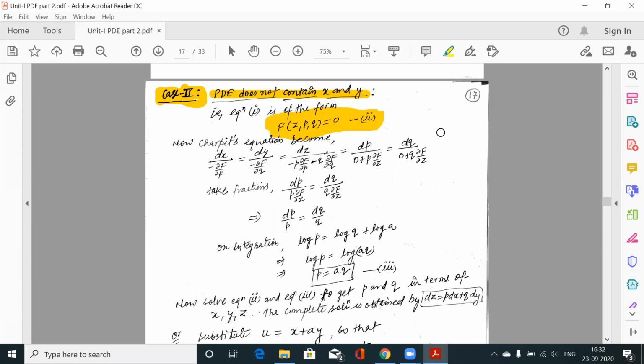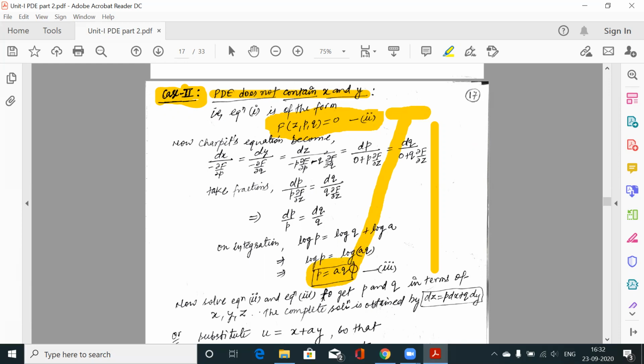But the benefit of this case is that we are reducing the terms from here to this step. So these steps are reduced. We can directly write that because it is in the form of case 2, so p is equal to this.